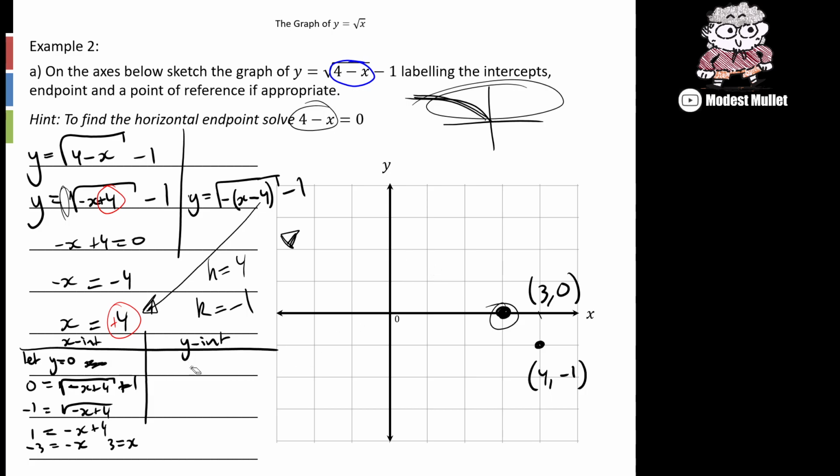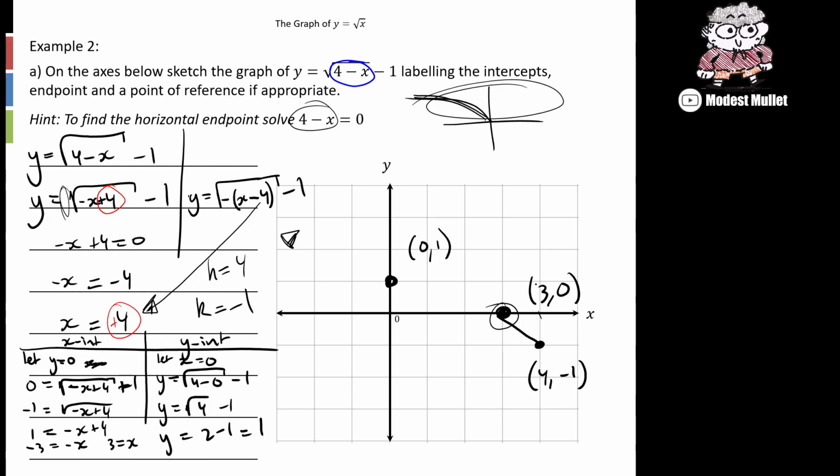And our y-intercept: we let x equal 0. So we get y is equal to square root of 4 minus 0, minus 1. Y is equal to square root of 4, minus 1. Y is equal to 2 minus 1, which is equal to 1. So there, (0, 1). Our endpoint, and that's the one thing we don't want to do shape-wise with a square root: you don't want a straight line.